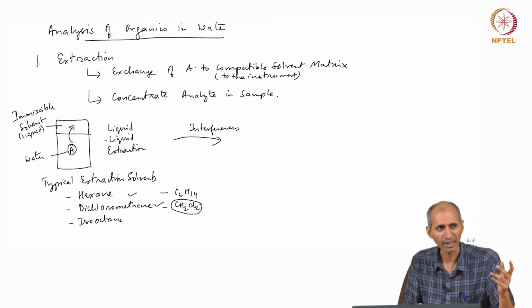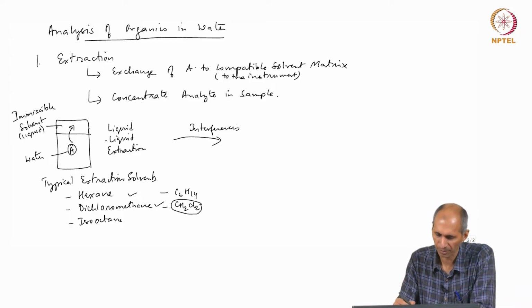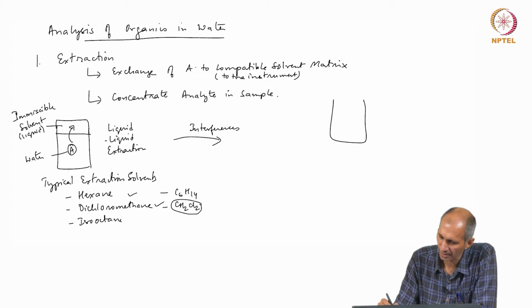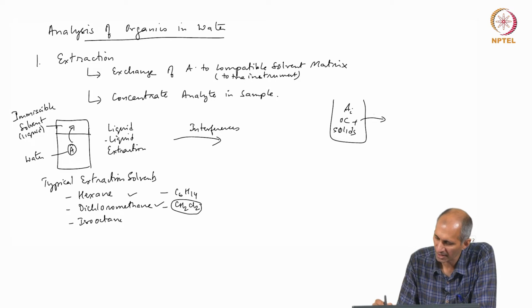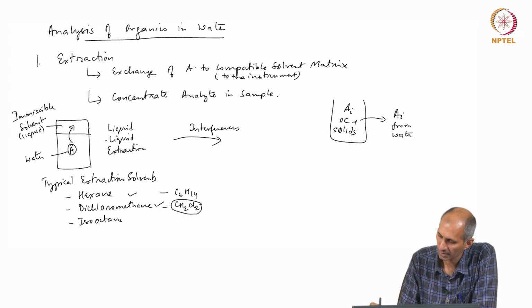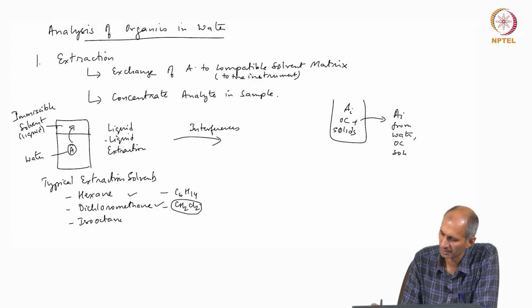It will extract everything, including the organic carbon in the water. So, if the original water contains A plus organic carbon plus some other solids, let us not call it A, we will call it a bunch of AI, which means there are lots of chemicals. It is not only extracting this AI from water, it is also extracting from the OC and from the solids.